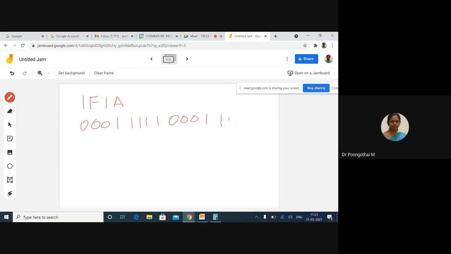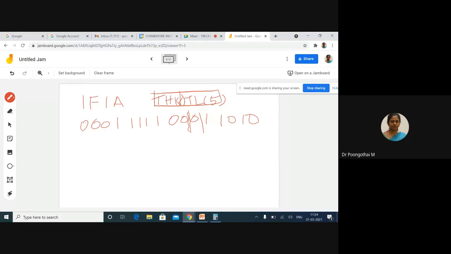0001 1111 0001 1010. According to your 13-bit timer, the last 5 bits must be loaded into your lower order register, and the next 8 bits should be loaded into the higher order register. You have to separate the number into 8 bits and 5 bits. Last 5 bits alone you take.